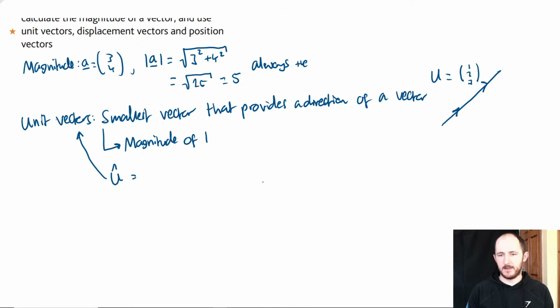It is just the actual vector itself, okay, so I should actually put a little arrow on top of that, divided by the magnitude of that vector. And hopefully that makes sense. If you divide each component of a vector by its magnitude, then it will give you something that will have a magnitude of 1. So that's all you need to do. It's not too tricky. We do have some example questions coming up, so don't worry too much about it.